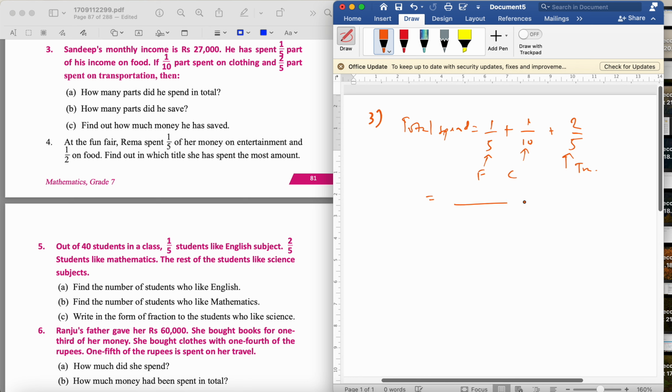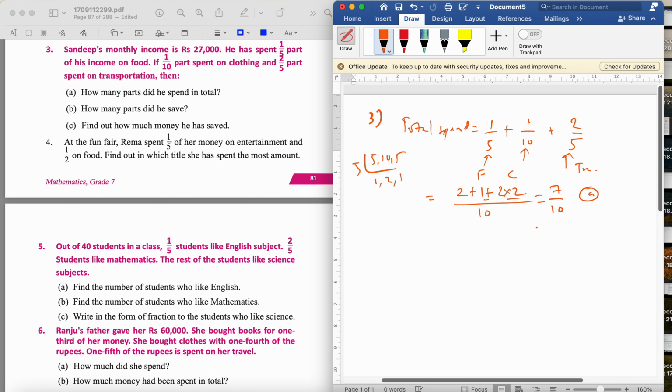So by taking the LCM, because the LCM of 5 and 10 is 10, here 2, here 1, here 2 into 2, so 4, 5, 6, 7, 7 by 10. The A number answer is this much.